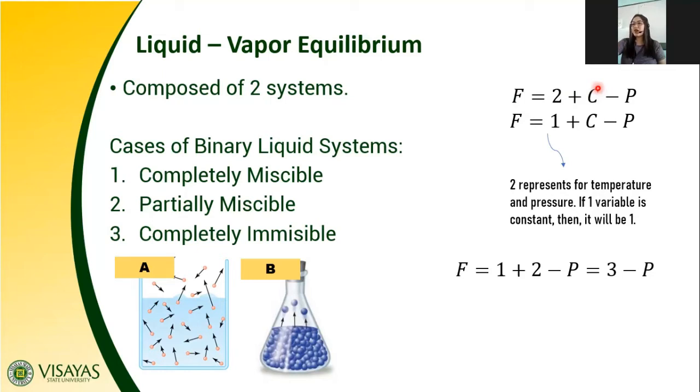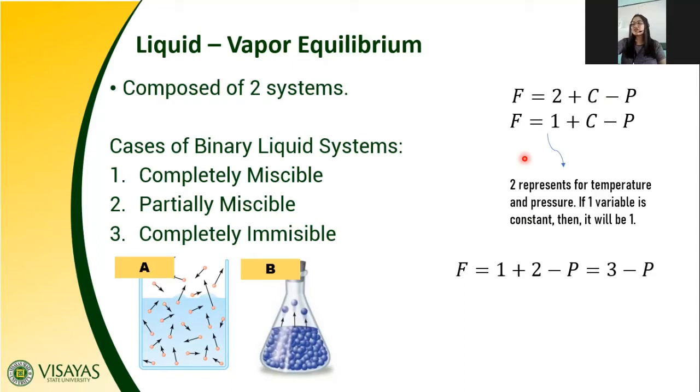Since you have this liquid vapor equilibrium, you have two components, so the number of components is 2, minus P, where P is the number of phases in that particular system. Since that 2 represents the temperature and the pressure, we will consider a system that has only one variable, and the other variable is constant.